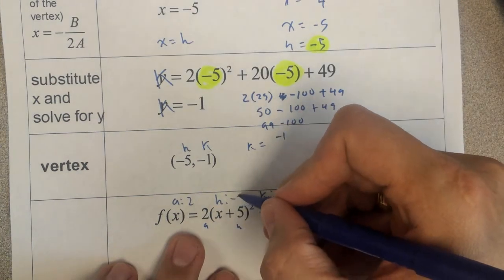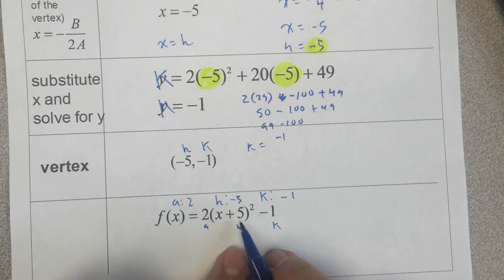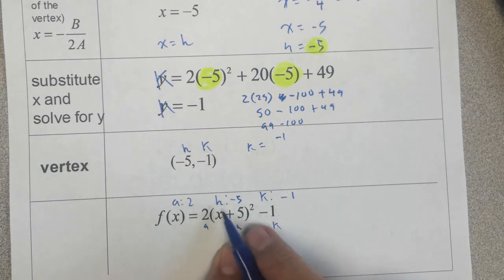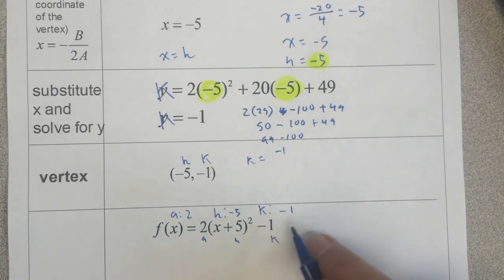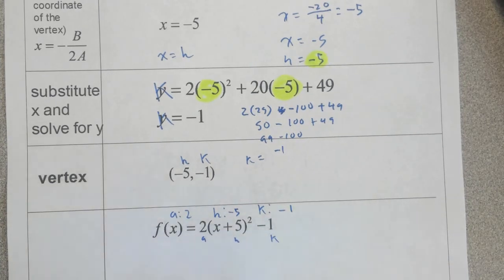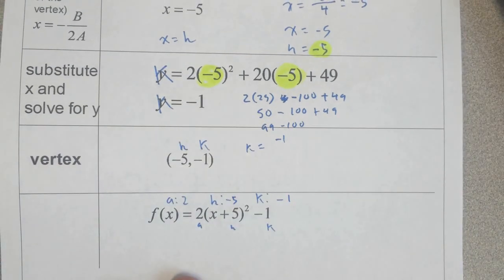H from our vertex is negative 5, k is negative 1. My negative 5 is a plus 5 in here because inside these parentheses is always the opposite, because of that negative h in our original equation for vertex form. And then k is negative 1, that's why we have negative 1 on the end. That is the end of example number 2.